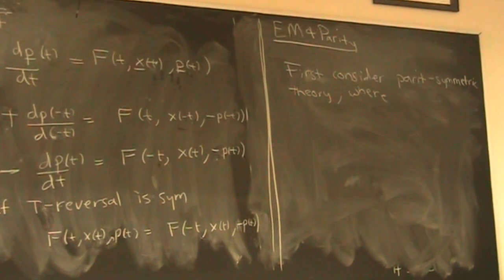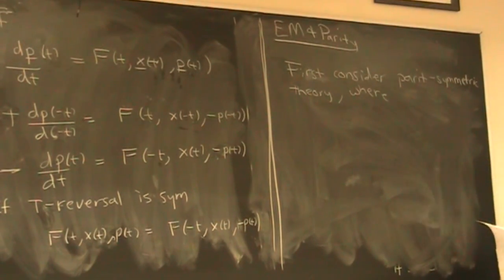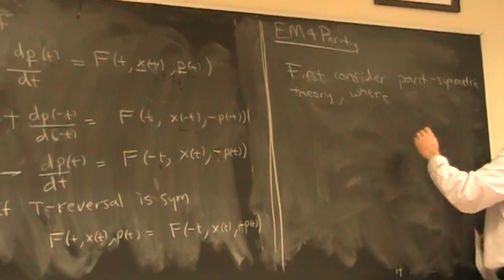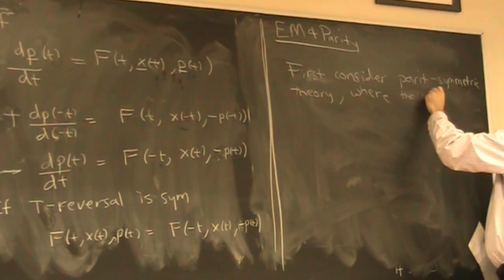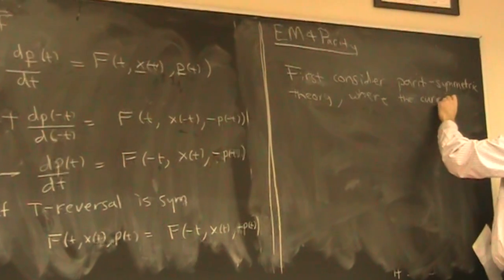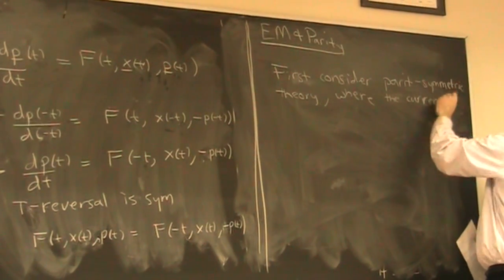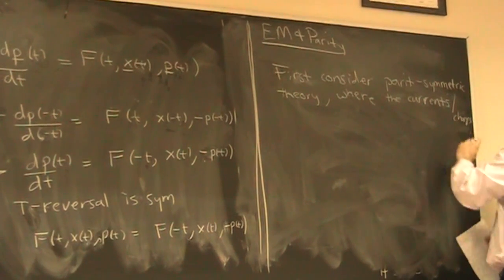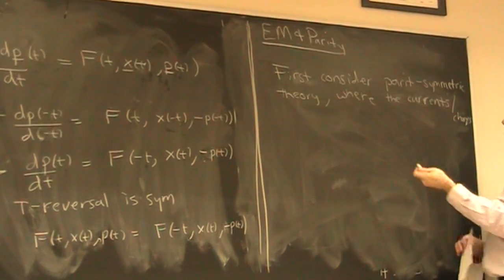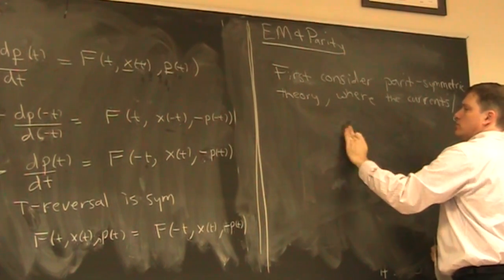So normally, when we take a parity symmetric theory, the currents and charges behave as follows.